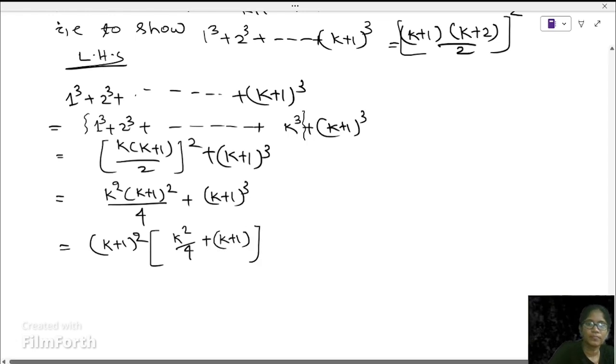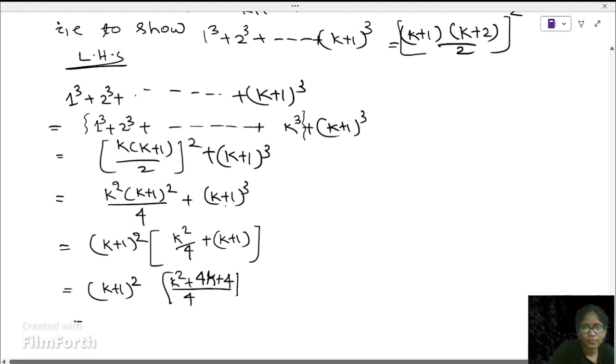Which is equal to k plus 1 square. That means k plus 1 square goes outside and only k plus 1 is left. Taking 4 as LCM, which is equal to k square plus 4 into k plus 1, that means 4k plus 4.